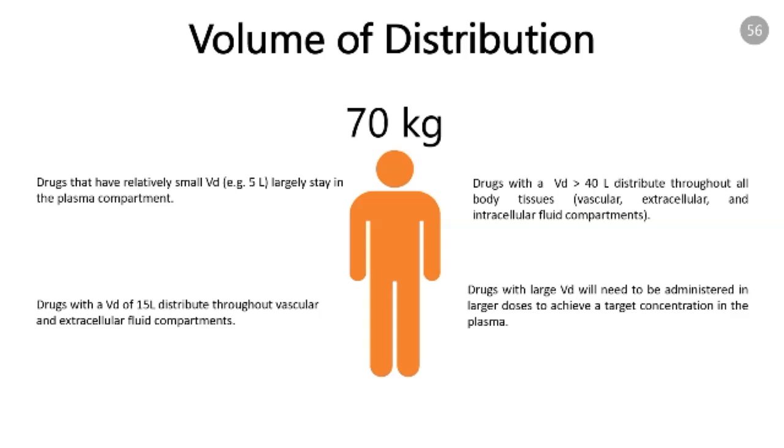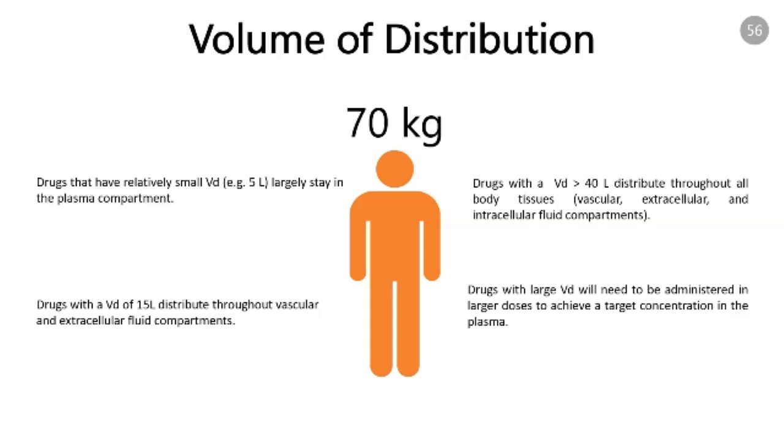And I spoke to this already with regards to persons who are obese. They are going to need a higher dose of drug, particularly if that drug is going to be distributed extravascularly, right, outside of plasma. It means that the drugs are going to be held either on protein surfaces or in adipose tissues, and the drug is not going to be free to carry out its therapeutic effect, right?